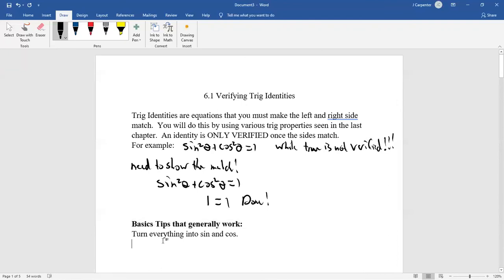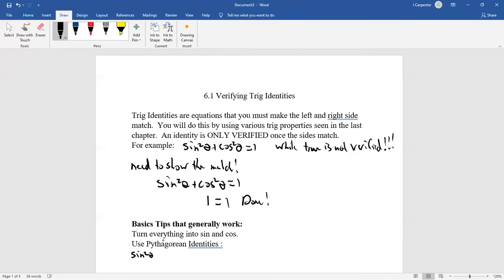Next tip is to use your Pythagorean identities. The fact that sine squared plus cosine squared is equal to 1, or 1 plus tangent squared is secant squared, or 1 plus cotangent squared is cosecant squared. Those 3 things can be helpful. I'll write them down.